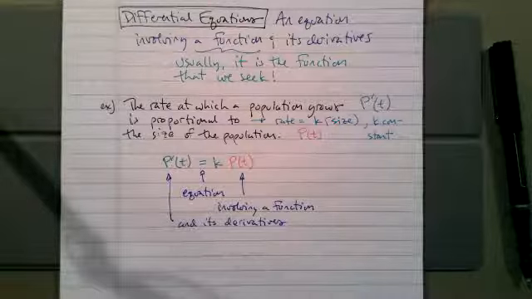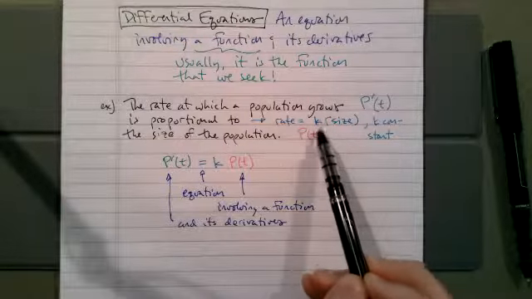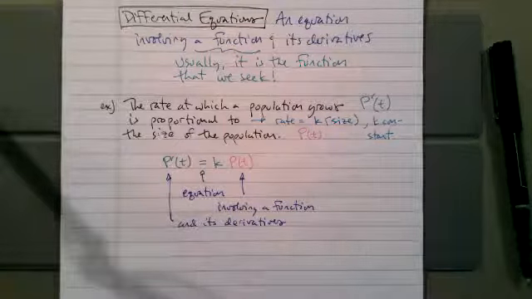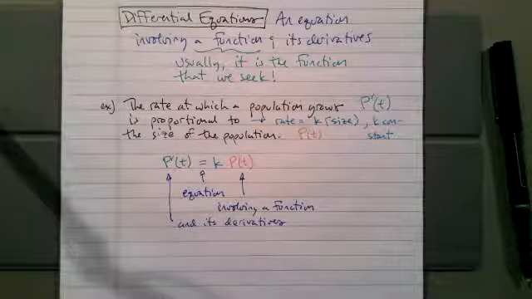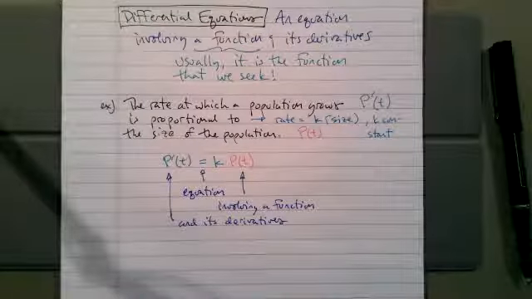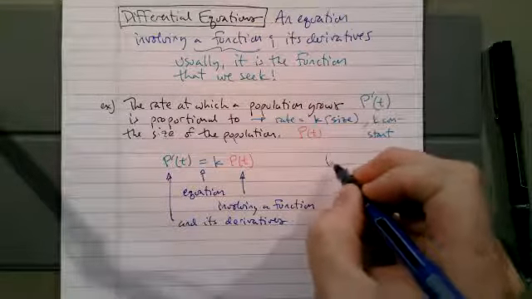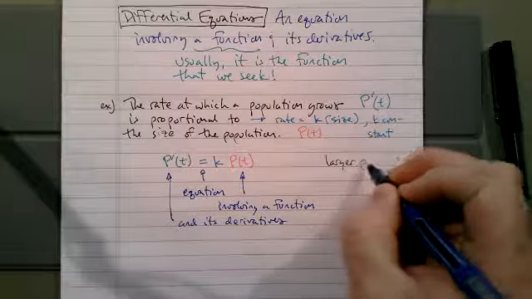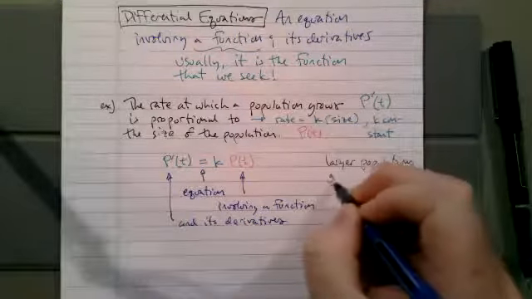And in this case, the rate at which a population grows is a constant multiple of the size of the population. One of the things being asserted here is that larger populations grow faster.